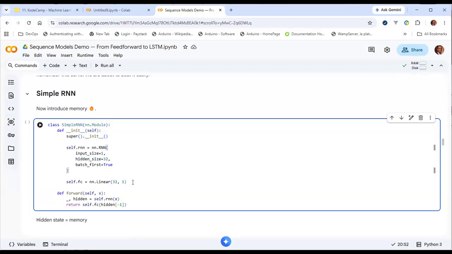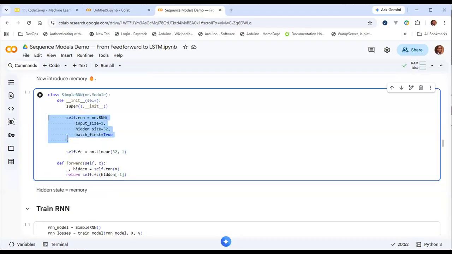And then we still do a linear layer. Whenever you're using sequence models, after the sequence layer itself, whatever the layer is, you always still need a fully connected layer to bring it to the output you want. In this case, the output we want is one.